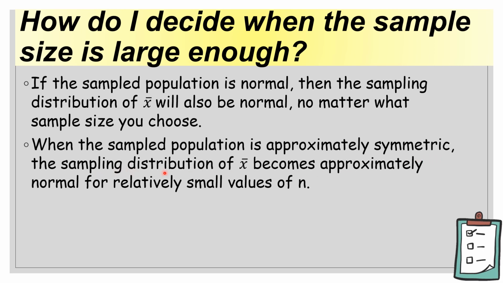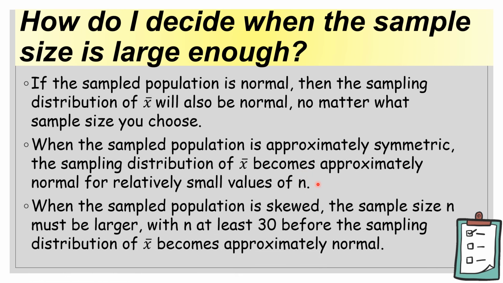Therefore, the sampling distribution of X bar becomes approximately normal for relatively small values of n, where n is the sample size. And also, when the sample population is skewed, either to the left or to the right, the sample size must be larger.